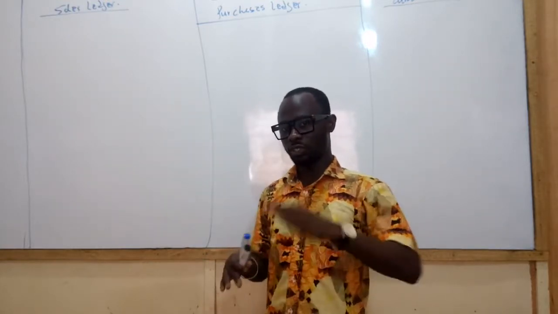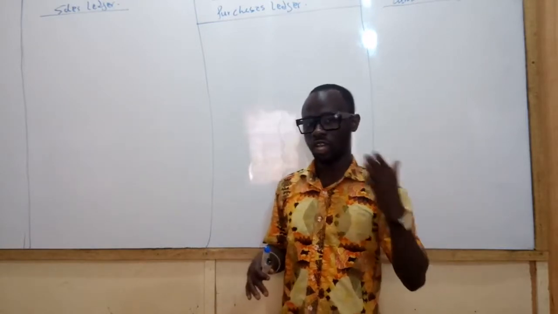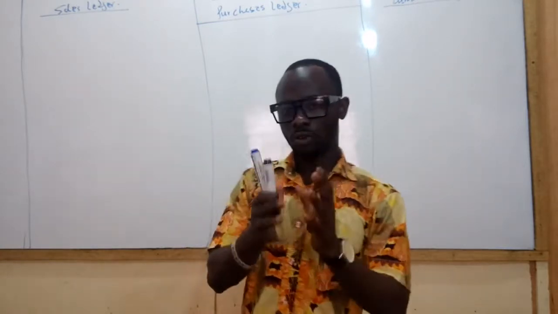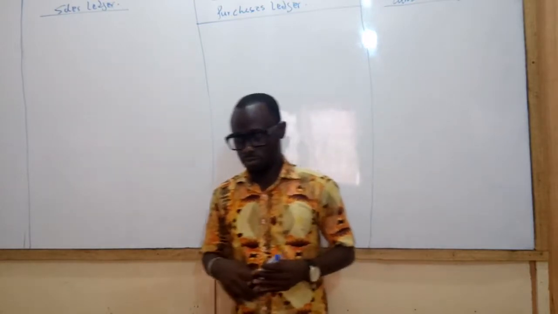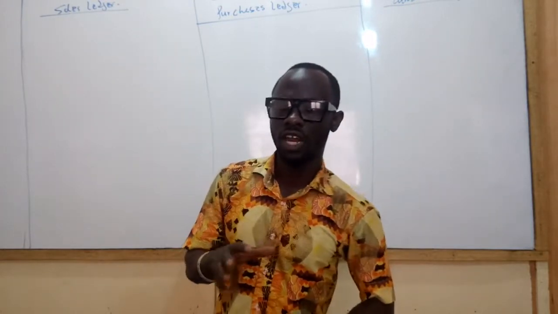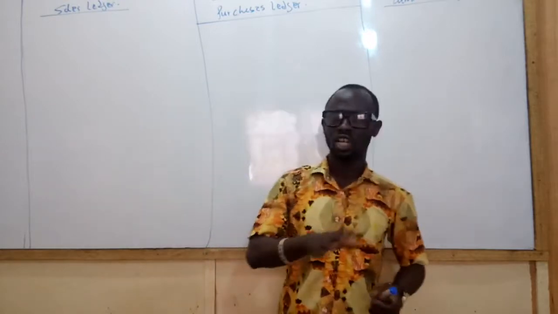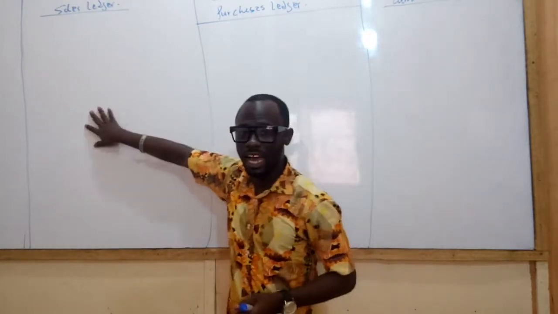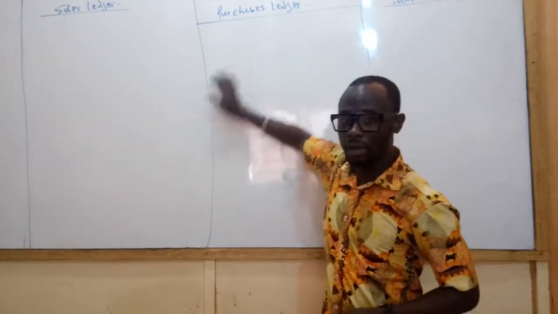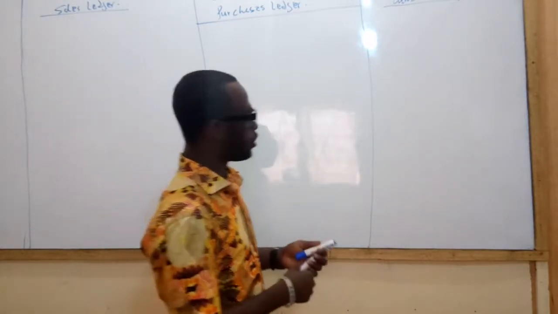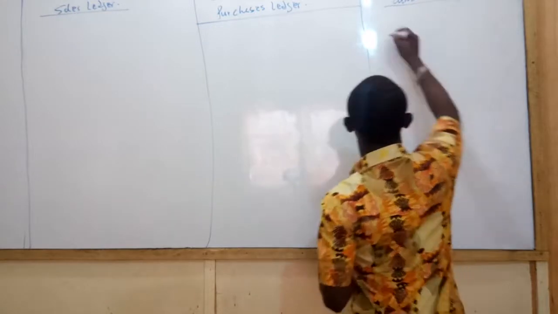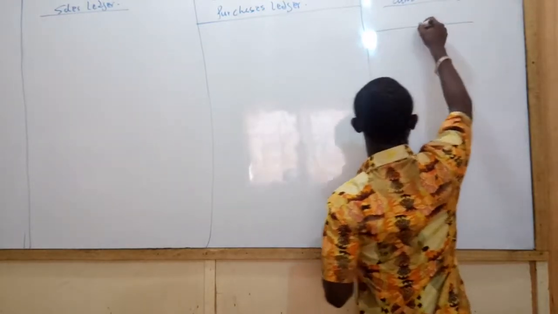So you see the difference between this one and the first question we saw? The first question, the money was in cash, or the examiner was silent, so we assumed it was cash. Now, transaction relating to capital and cash cannot be recorded either in the sales ledger or in the purchases ledger. So certainly, we're going to go into the general ledger and we're going to open capital account.